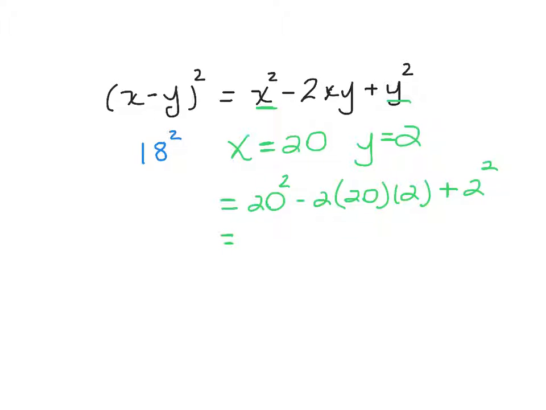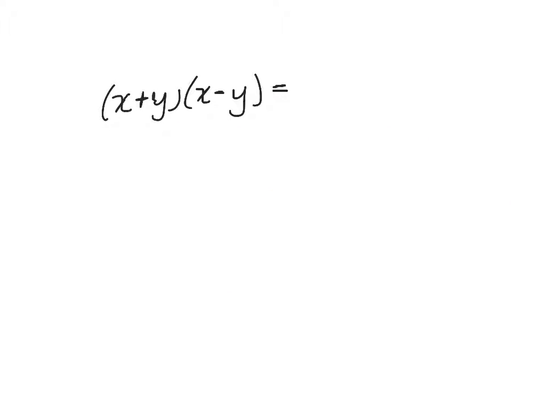Simplifying here, 20 squared is 400, minus 2 times 20 is 40, times 2 is 80, plus 2 squared, which is 4. Adding that together, 400 minus 80 plus 4 gives me 324. So 18 squared is equal to 324.